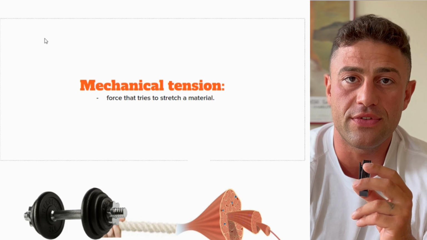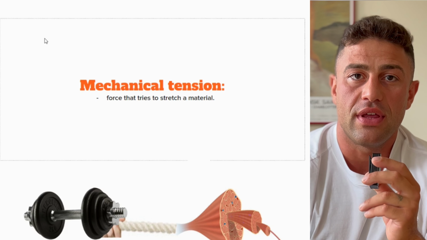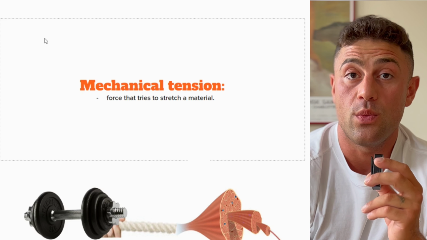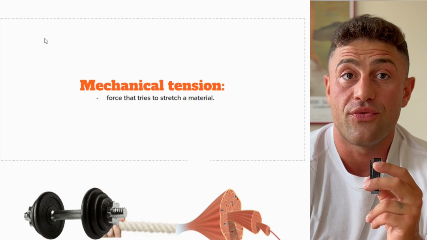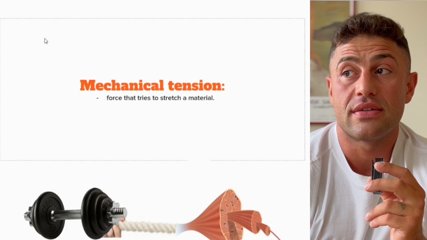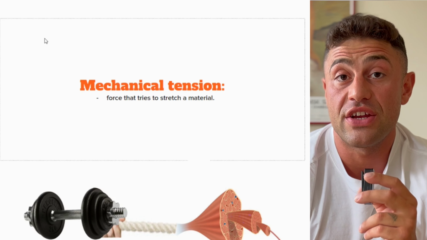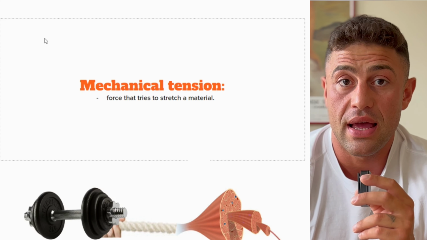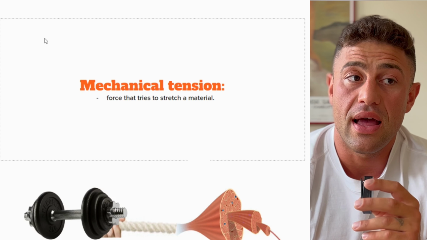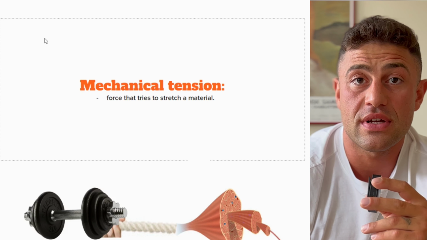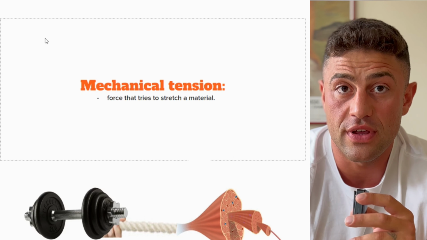So whenever we are lifting something, the external force, it can be the weight, it can be the body weight. If you're doing a pull-up, for instance, the force we are fighting is creating some kind of tension on our muscles, and that tension is going to be detected inside the muscle, and through different pathways is going to signal a hypertrophy stimuli.